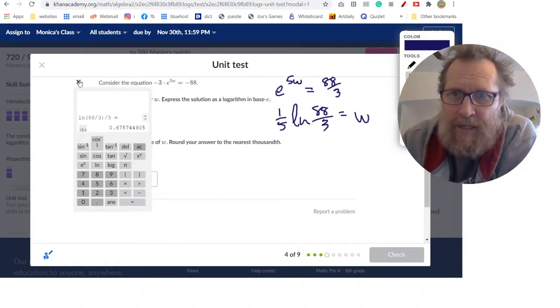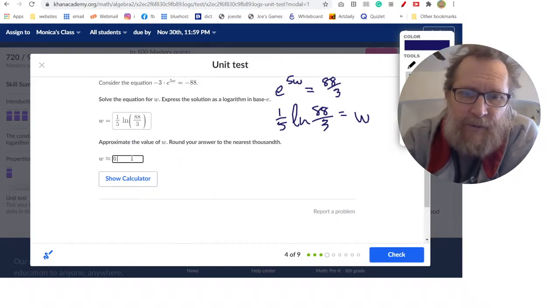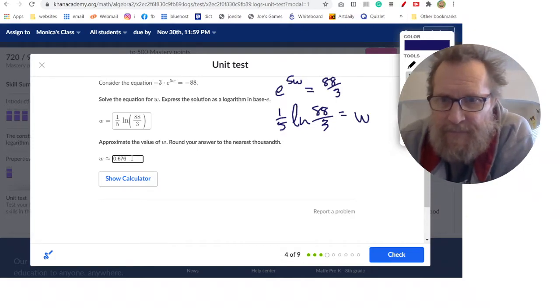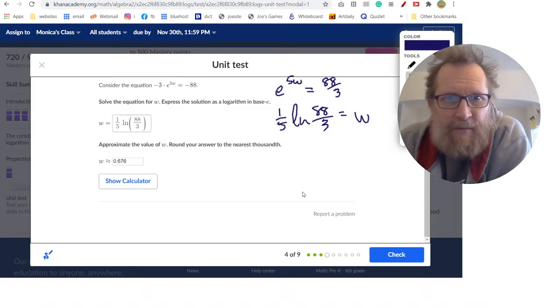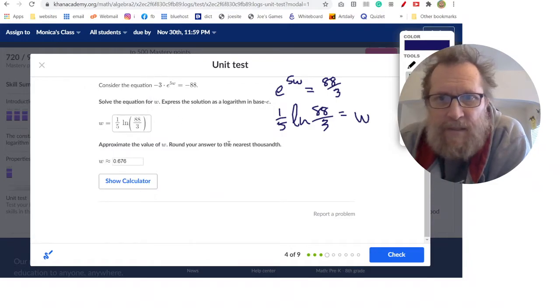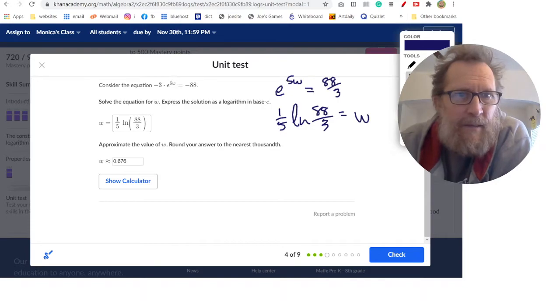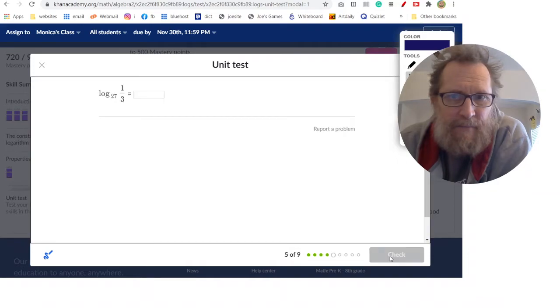Wait, how did that come back up there? 0.676. There we go. All right, 1/5 natural log 88 over 3, 0.676. Looks all good. Check that. All right.